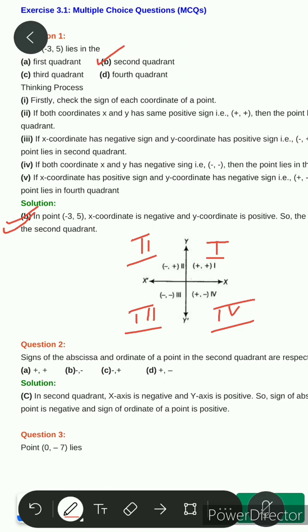Question number 2. Signs of the abscissa and ordinate of a point in the second quadrant are respectively. The correct answer is option number C, minus and plus. Question number 3. Point 0, minus 7 lies in. It clearly lies on the negative y-axis.